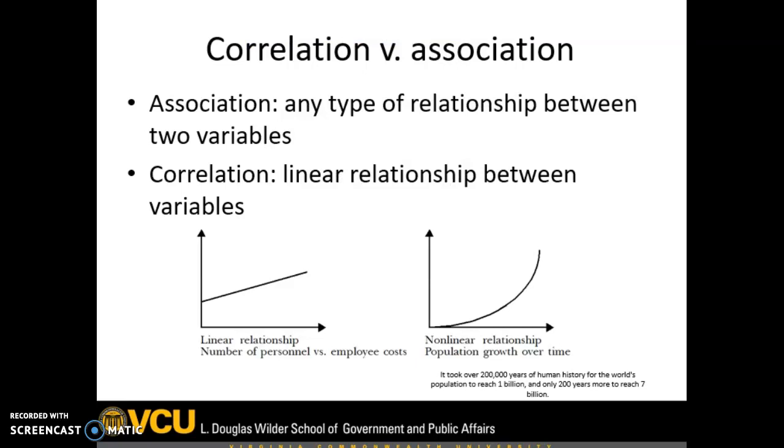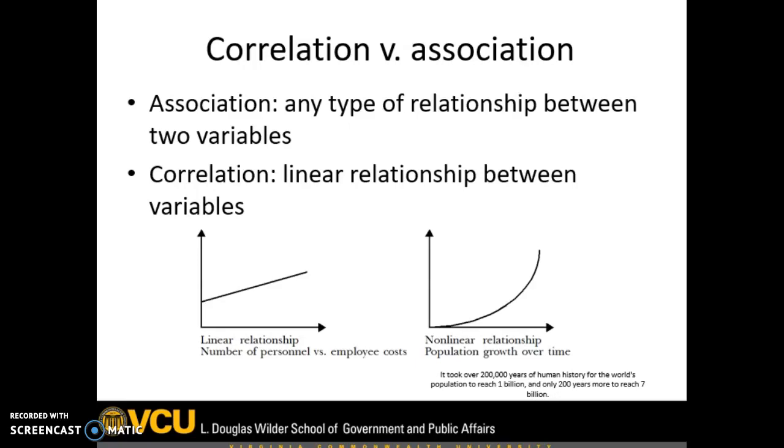Another set of terms that is often used together is correlation versus association. Association is any type of relationship between two variables. Correlation is a linear relationship between the variables. An example of a linear relationship between two variables is the number of personnel versus employee costs.